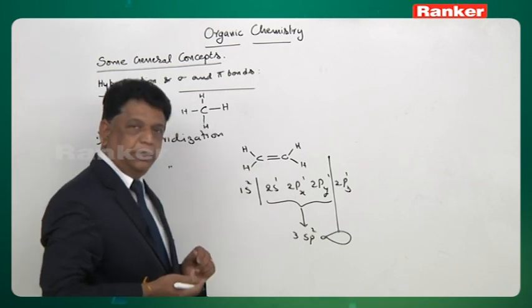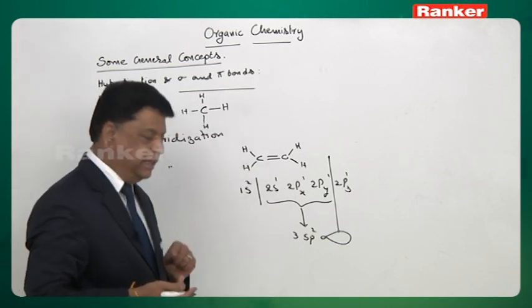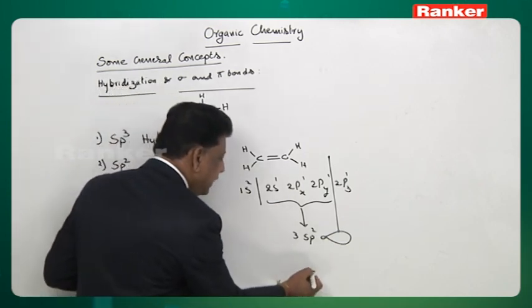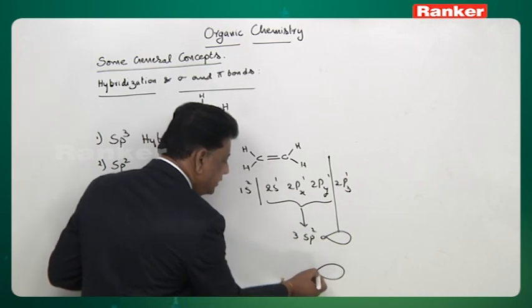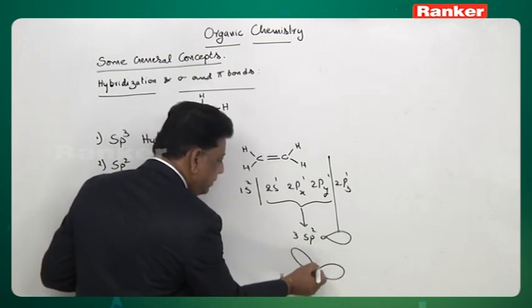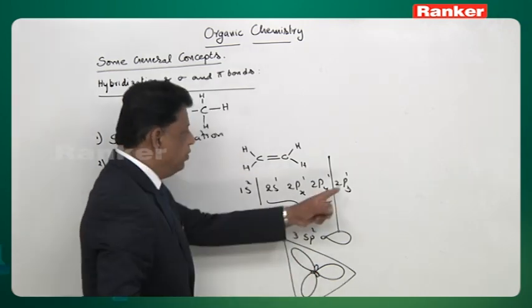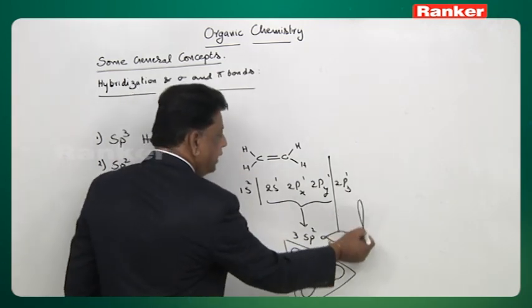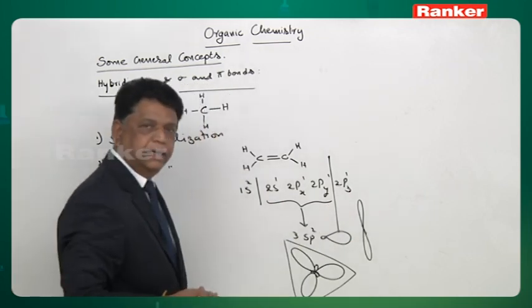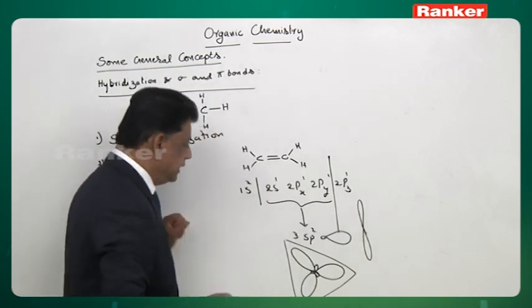The 3 hybrid orbitals I already described take place in the trigonal planar shape, so 3 sides, 3 will be there. With reference to the plane, the one unhybridized orbital, a pz orbital, is dumbbell shaped.